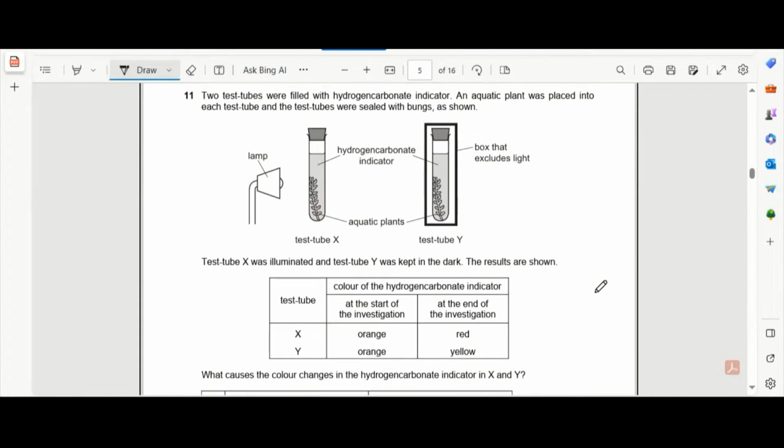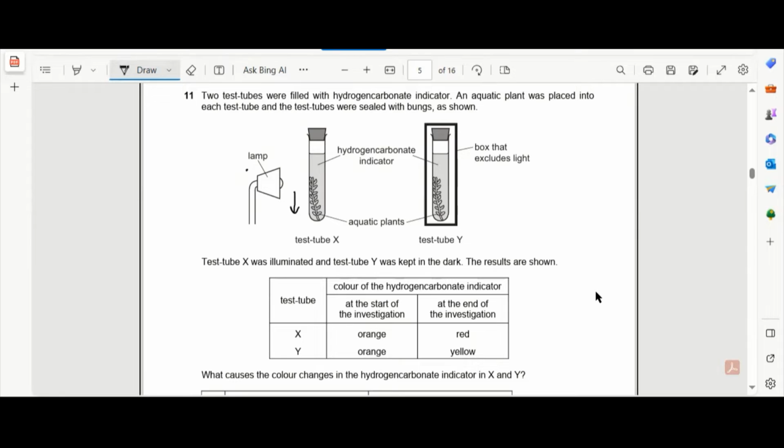Okay, if we look at the diagram, since there is light and there is no blockage around the plant, the plant will be photosynthesizing. So the carbon dioxide will be used up. The carbon dioxide will decrease here. And for this one, there is no light inside the box, obviously.